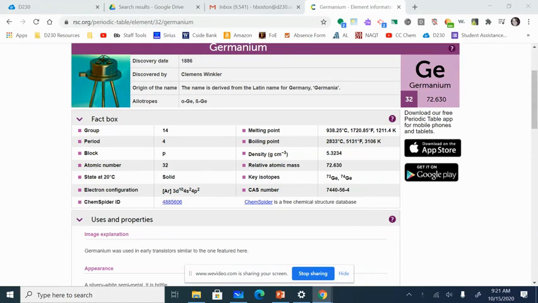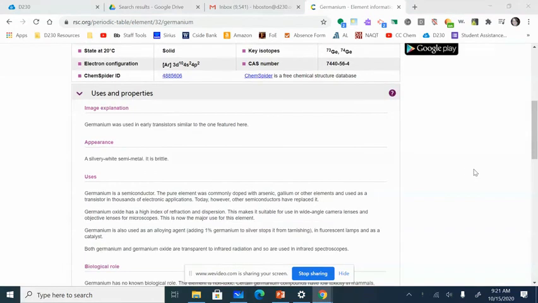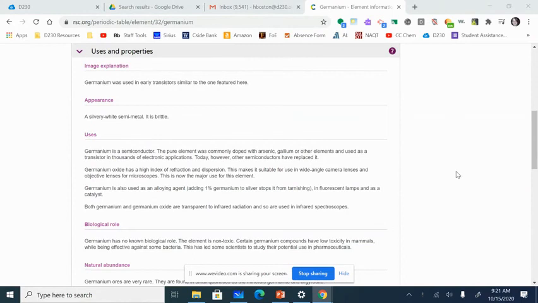So I did look up germanium, and it was named for Germany, and it was discovered by Clemens Winkler. It was used as early transistors. It's a silvery white semi-metal. It is brittle. So germanium is a semiconductor.